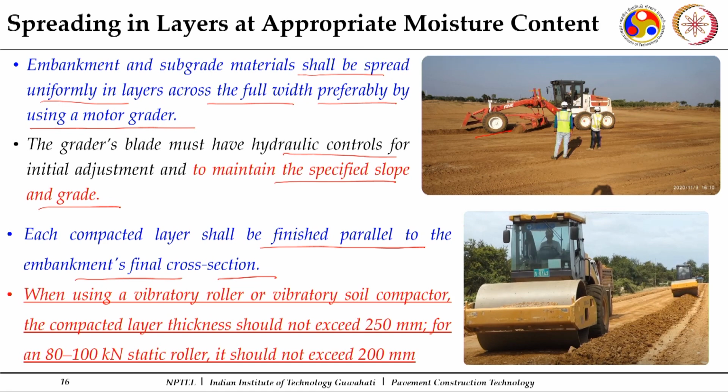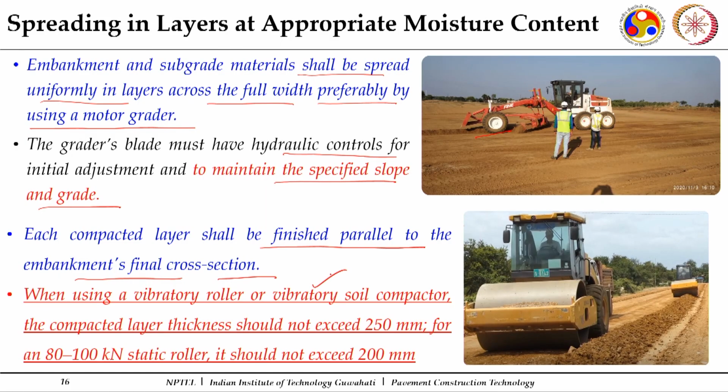Now, how much layer thickness you can put in one go depends upon the compaction equipment available. If we are using a vibratory soil compactor, then we can go for a compacted thickness of around 250 mm.